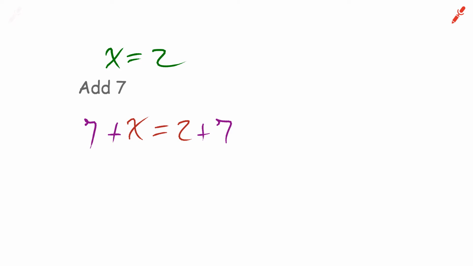So I'm either going to keep it as 7 plus x or x plus 7. Either way works. Equals 2 plus 7. These are like terms because they're both constants. So 2 plus 7 gives me, very good, 9. Ladies and gentlemen, we built a one-step equation whose solution is 2. It's this simple. Literally, there is no other way to approach this.